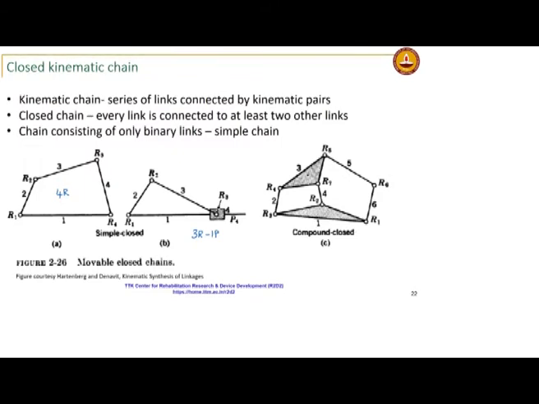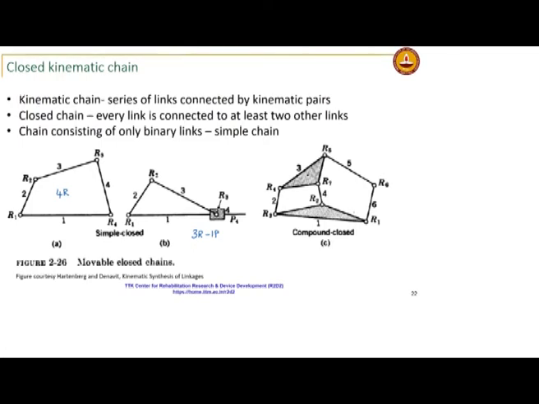In a compound closed kinematic chain, you would have links that are higher than binary links as well. If it is a kinematic chain with a singular link, it is not even a closed kinematic chain. Only binary links, it is a simple chain.